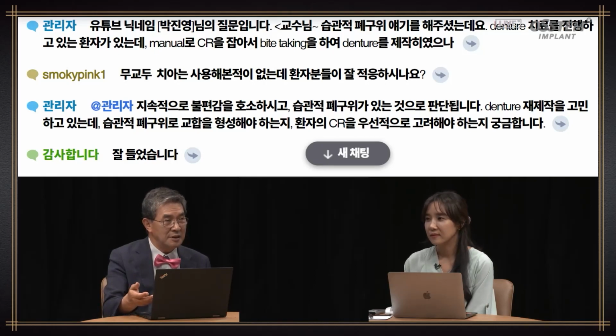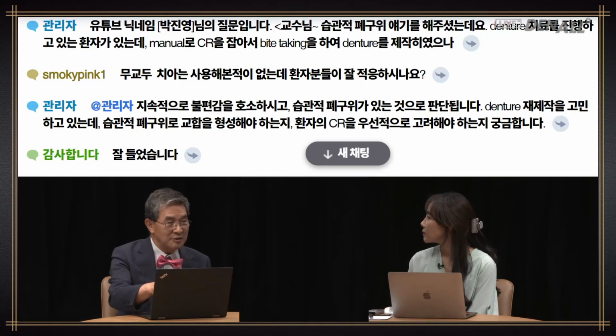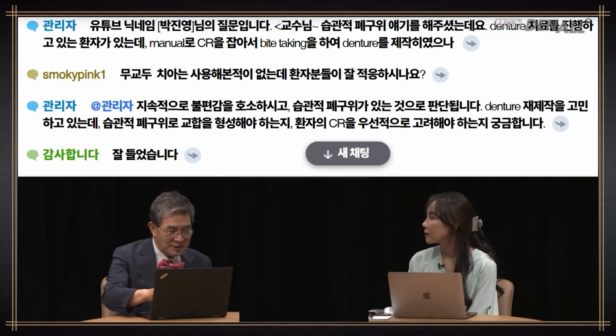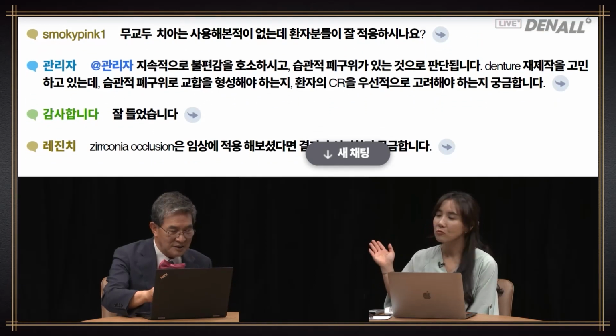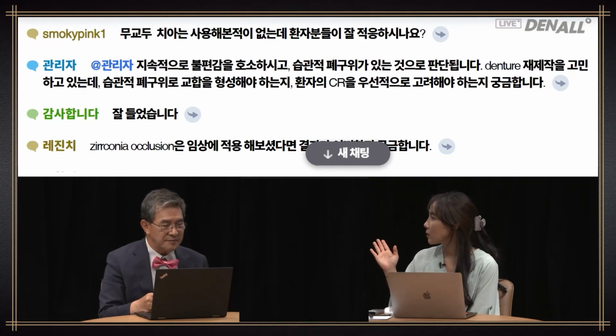So you need to consider your patient's condition and your clinical experience. The textbook answer is the CR. If possible, a treatment denture should be used and CR is determined. And the questioner is starting again, and he thought the previous one is the treatment denture and the next one the final denture.